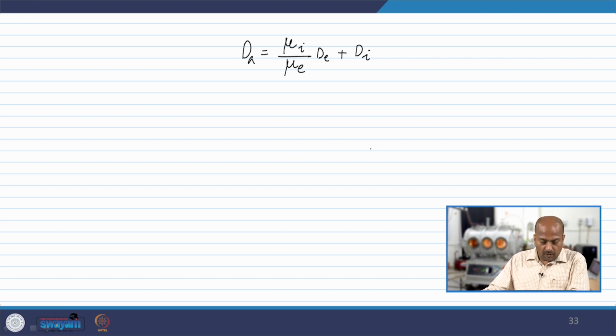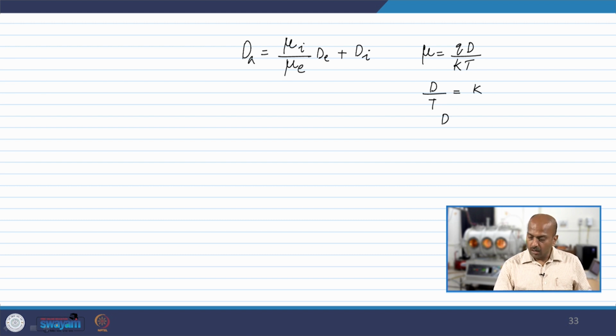Now, where do we go ahead from this? Mobility from basic definition is q times D divided by kBT. For the remaining things to be constants, the diffusion coefficient by temperature is a constant.